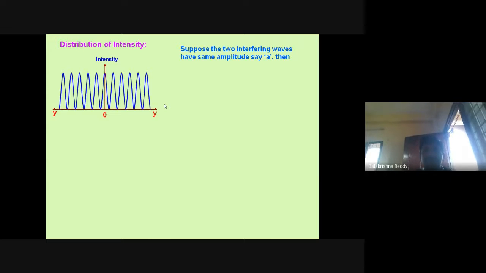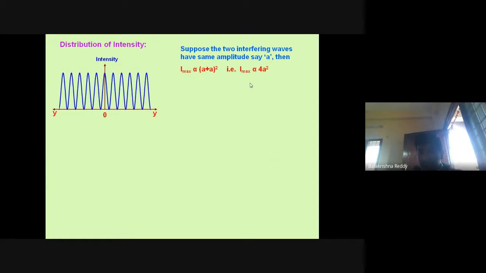Suppose the two interfering waves have the same amplitude. Then the intensity will be maximum, which is equal to 4 times a square. Remember, this is a most important point in interference.